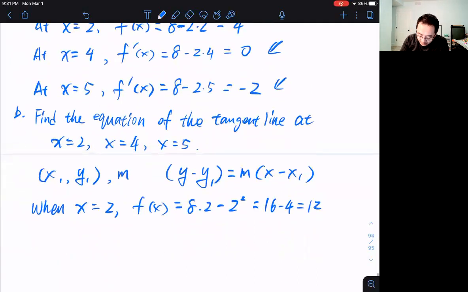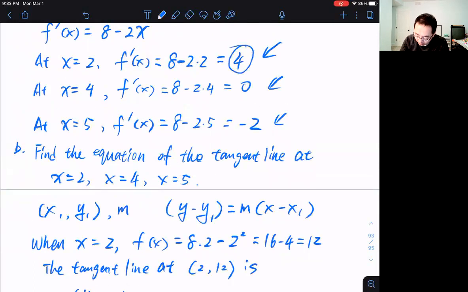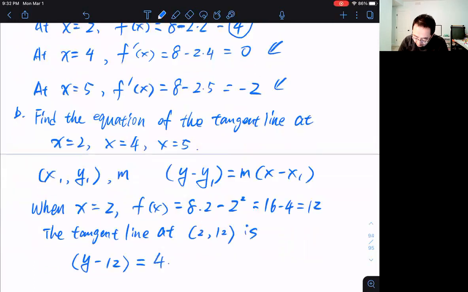So at the point x is 2, y is 12, the tangent line is y minus 12 equals the slope, 4, times x minus 2.